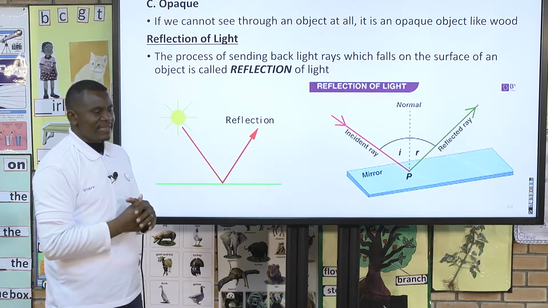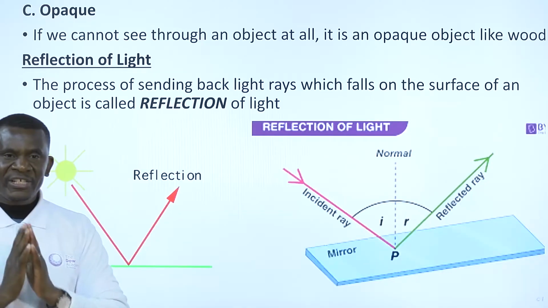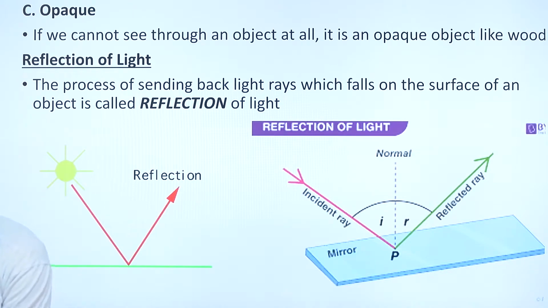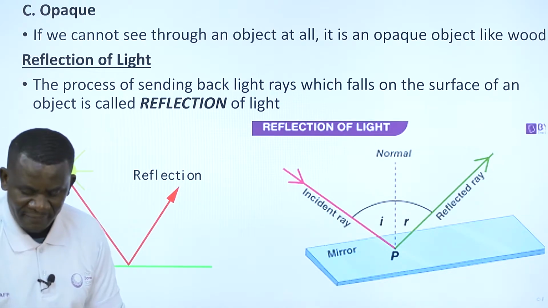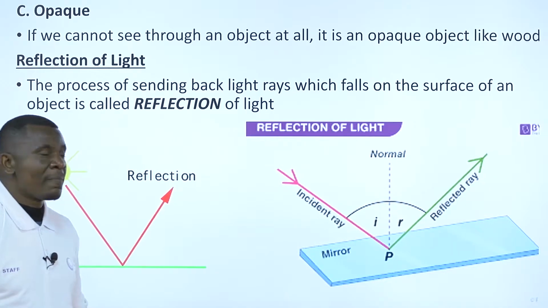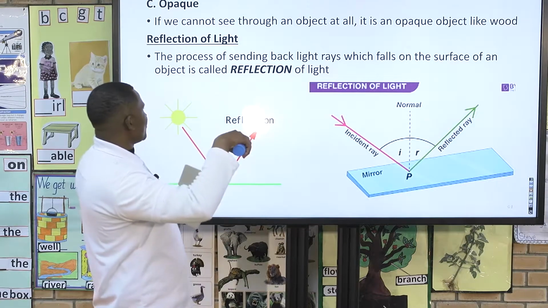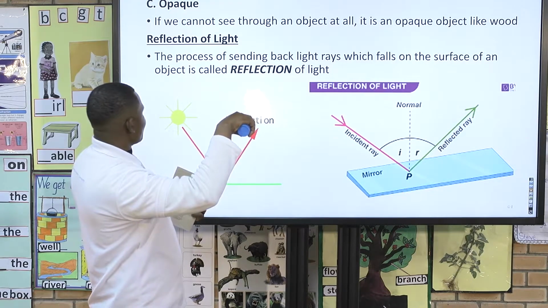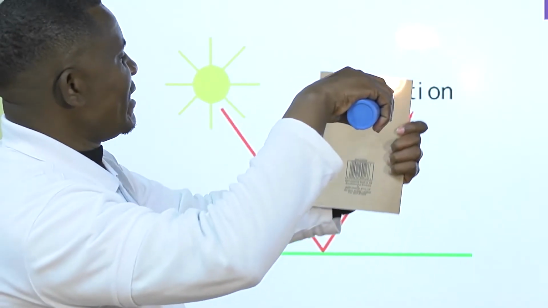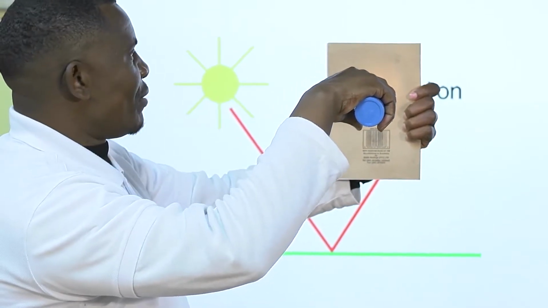And the third one is an opaque. An opaque is a material that blocks light completely. For example, if I have this light here, as you can see, I'm able to see the light on the screen, but the moment I bring my book, the light is blocked.